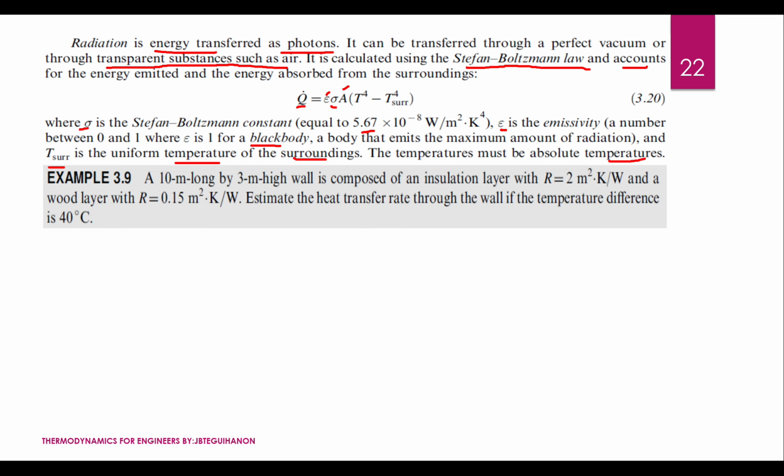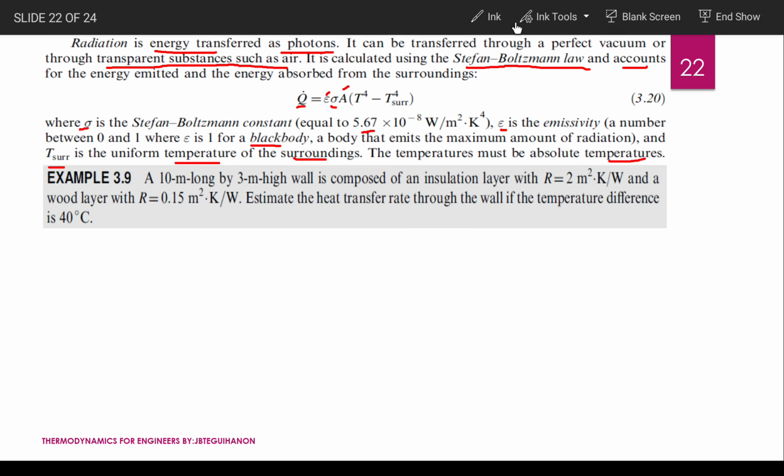A 10-meter long by 3-meter high wall is composed of insulated layer na given yung R. R is equal to 2 meter square Kelvin per watt, and a wood layer with R is equal to 0.15 meter square Kelvin per watt. Estimate the heat transfer rate through the wall if the temperature difference is 40 degrees.